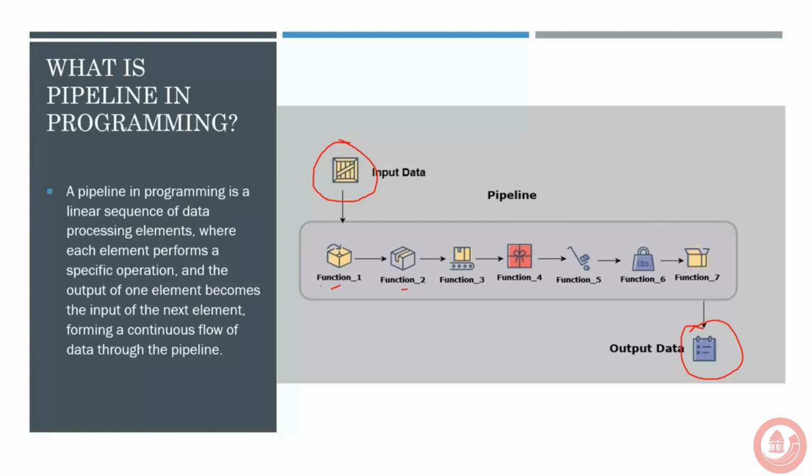Maybe the first function will remove the duplicates, the second function will remove the junk characters, the third function will get only the particular columns that you need, and so on. In this way you can filter it out, where each function will do its own work, and the output of this will become the input for the next function. So you can write a series of functions and create this pipeline, which is nothing but a continuous flow of the data.